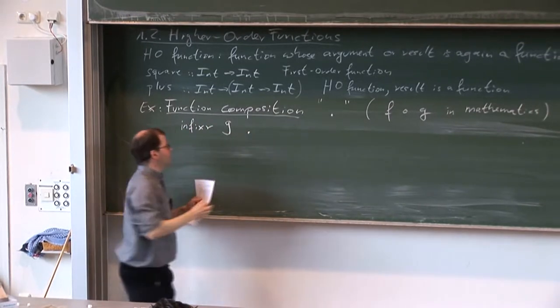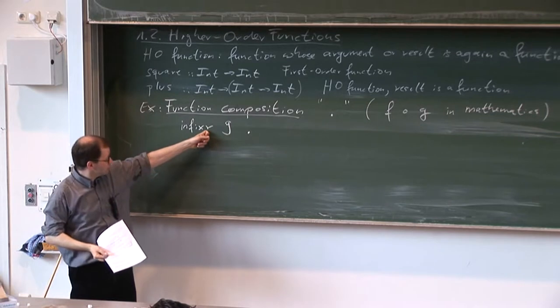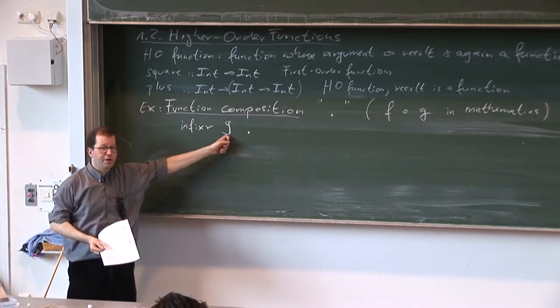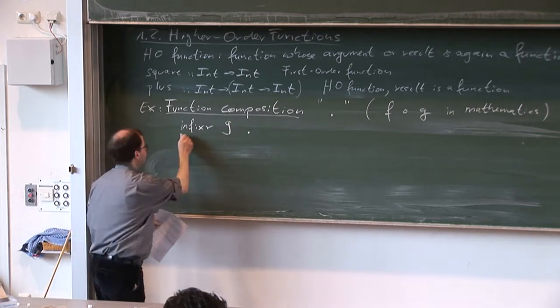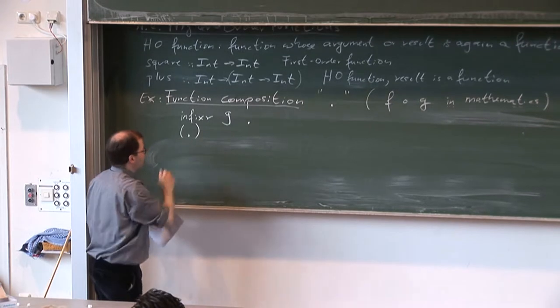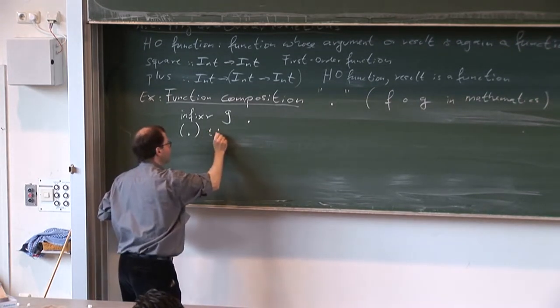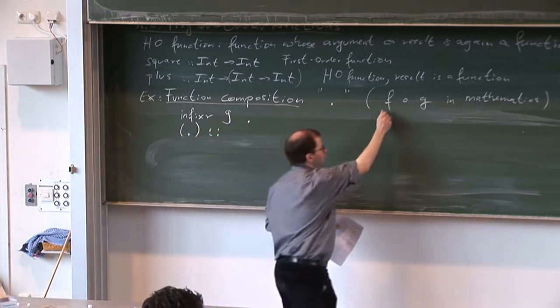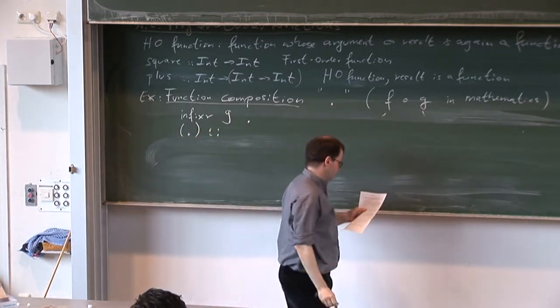So dot is an infix operator which associates to the right and which has highest binding priority. And it is defined like this. So it takes two functions, F and G. Now what should be the types of F and G?